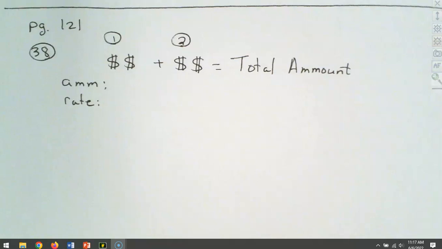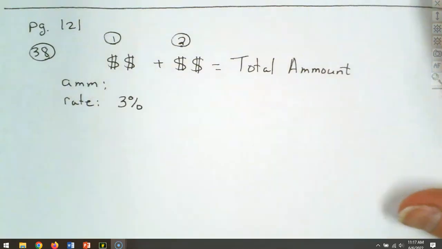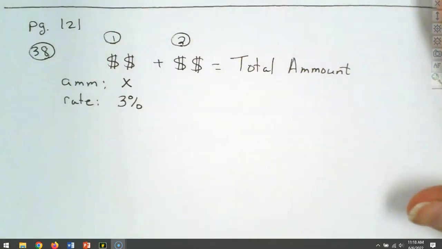So question 38. A church building fund has invested some money in 2 ways. Part of the money at 3%. So my rate is going to be 3%. Now, do we know how much money went into that 3% account? Does it specifically tell us? No. So we don't know, so we're going to use an x to represent that.